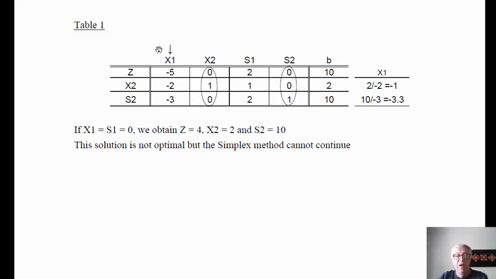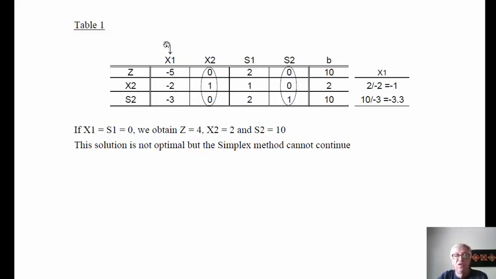To go to the base, we need to see which of these goes out. However, when we try to do that, dividing 2 by minus 2 is minus 1, dividing 10 by minus 2 is minus 5. So we cannot make x1 a basic variable because we cannot extract one of these.